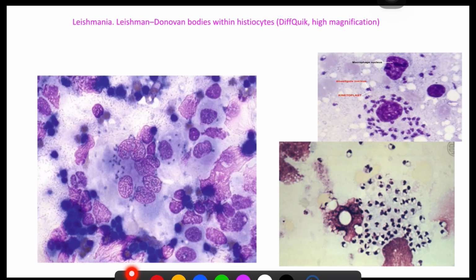This is intracellular, this is extracellular. These are macrophages intracellularly containing the amastigote form, and the dot-like structure is the kinetoplast and this is the nucleus. In this other picture, you can identify two dot-like appearances, the small one is the kinetoplast and this is the nucleus. So the two dot appearance is important.